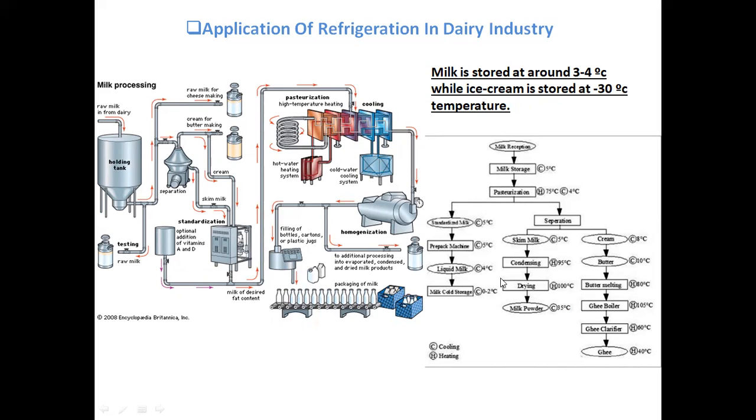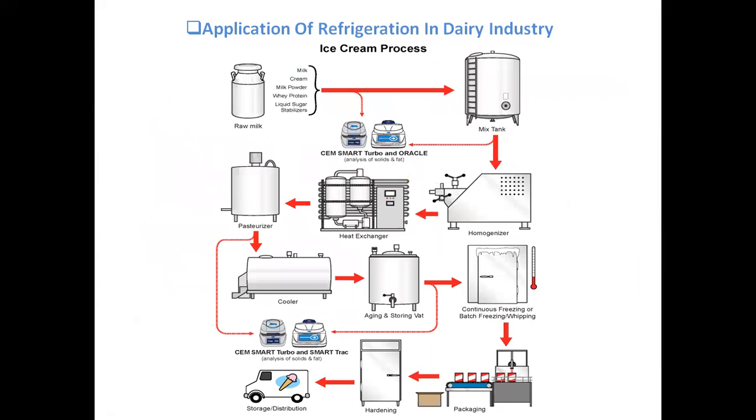So these are the various temperatures for normal skim milk processing. For other processes, for cream, butter, etc., different temperatures are given. So in the dairy industry, the application of refrigeration is also huge.